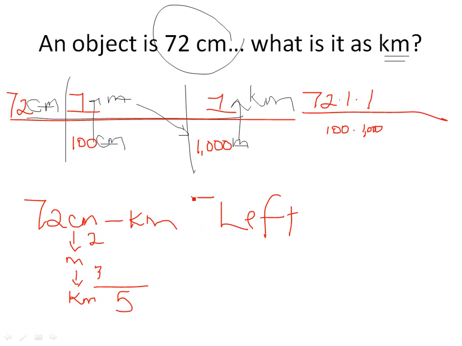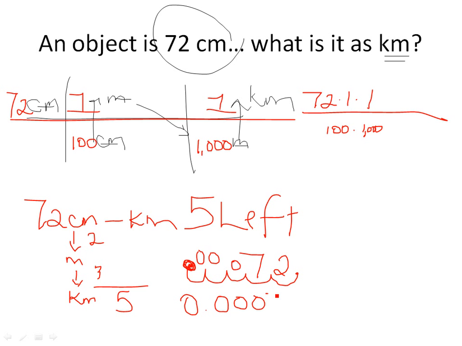So you're going to go 5 spaces to the left. The decimal starts here, so we're going to go 1, 2, 3, 4, 5. Give it a new home. Plug these spaces in with zeros. Rewrite it so it's neat. So this is now 0.00072 kilometers.